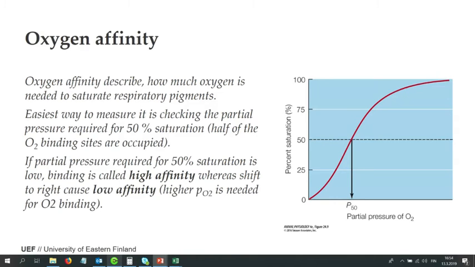If the partial pressure is low, then we call it high affinity, meaning that the curve would be leftward. But if the curve is shifted rightward, we have low affinity, so a higher partial pressure of oxygen is needed for oxygen binding.